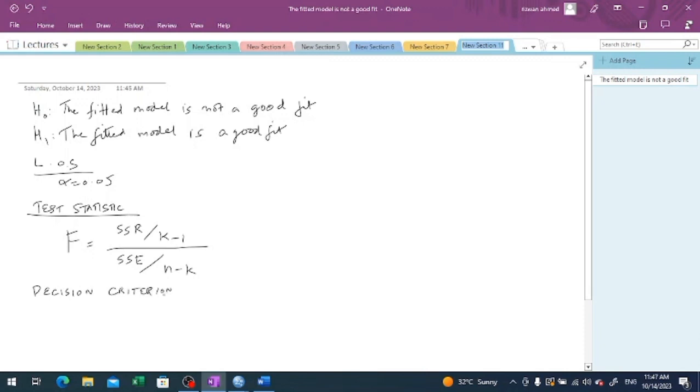Which is mentioned already in the table in the form of F distribution and it associates significance.